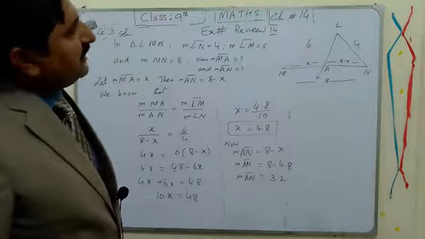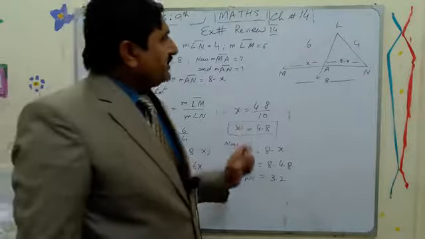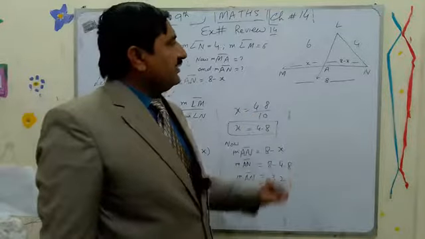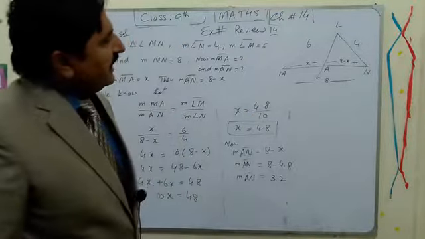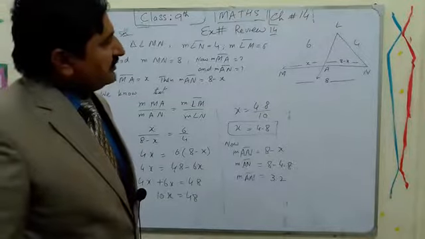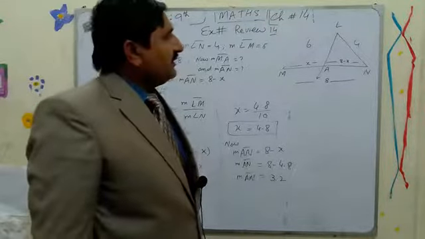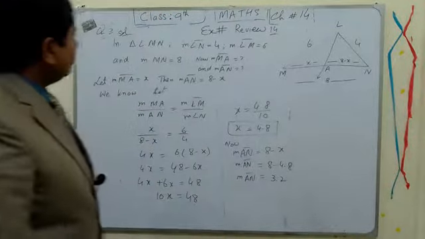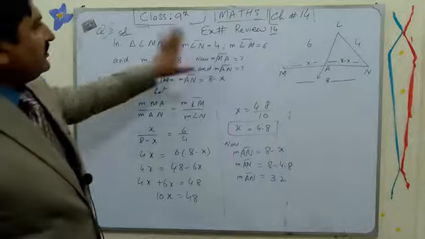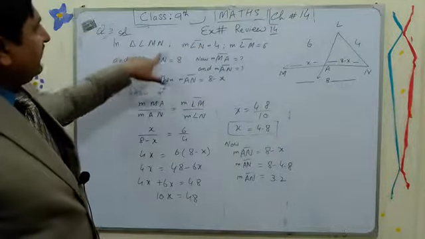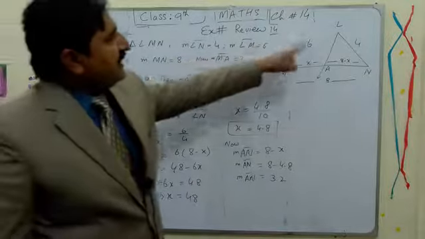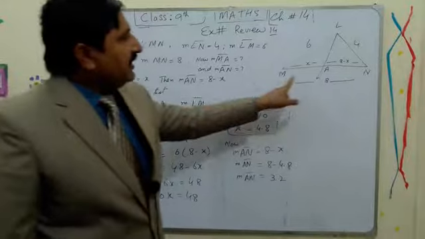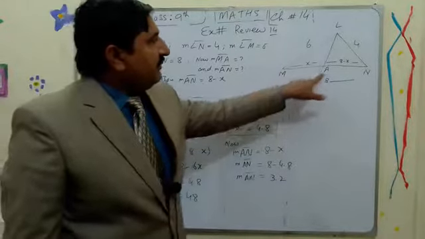According to that theorem, whenever a line segment from a vertex intersects the opposite side in such a ratio, its ratio is equal to the ratio of the sides containing that angle. In this question, we are given LN as 4 cm, LM as 6 cm, MN as 8 cm, and we suppose that MA is equal to x because we have to find MA and AN.